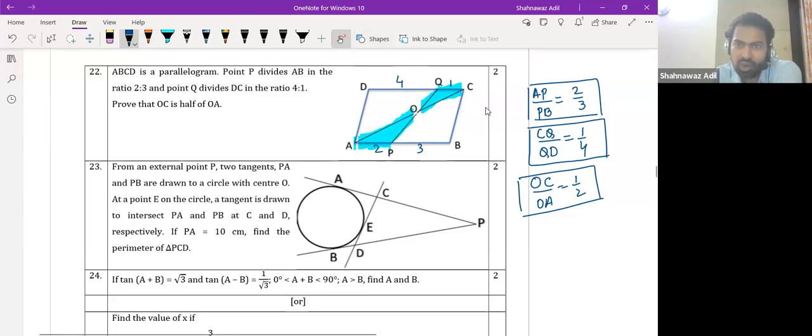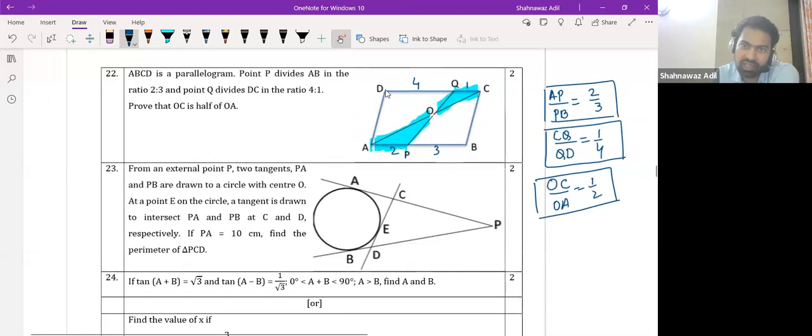So let me write other information also. You guys know that this is a parallelogram. So this angle would be equal to this, right? Yes, sir. And this is equal to this one. Interesting. Yes, sir. So from AA, this is similar, right?